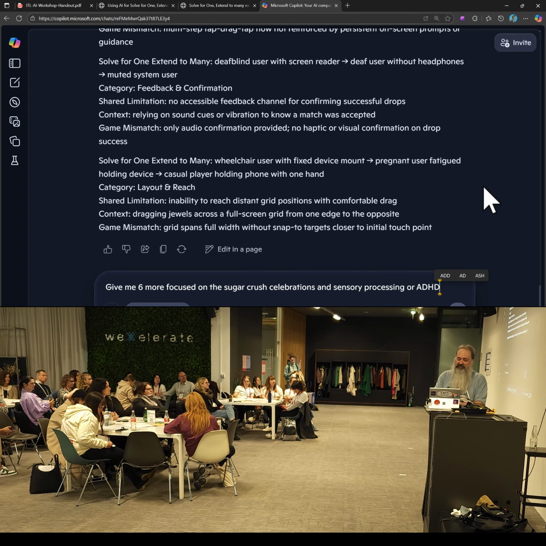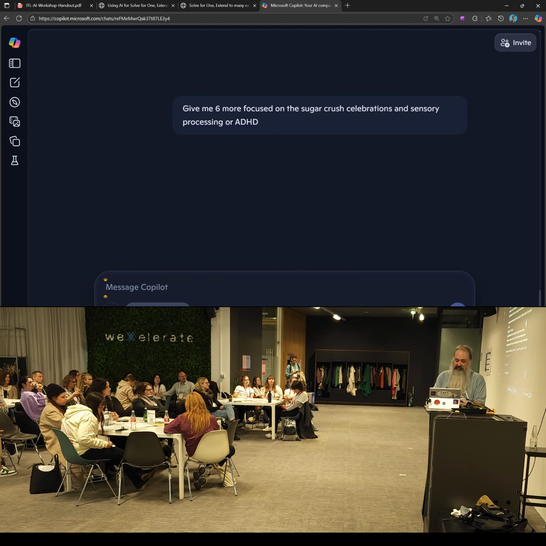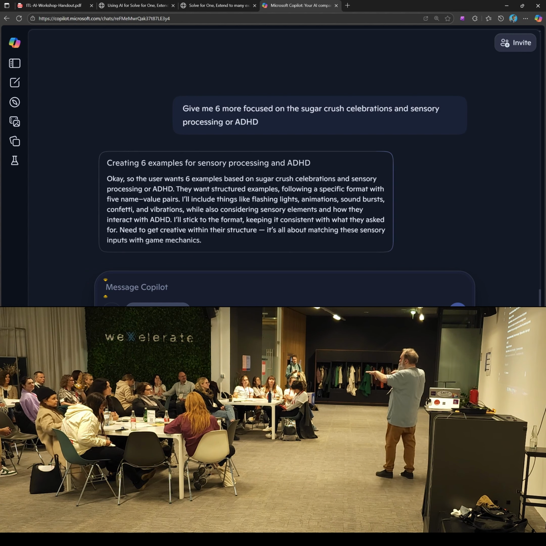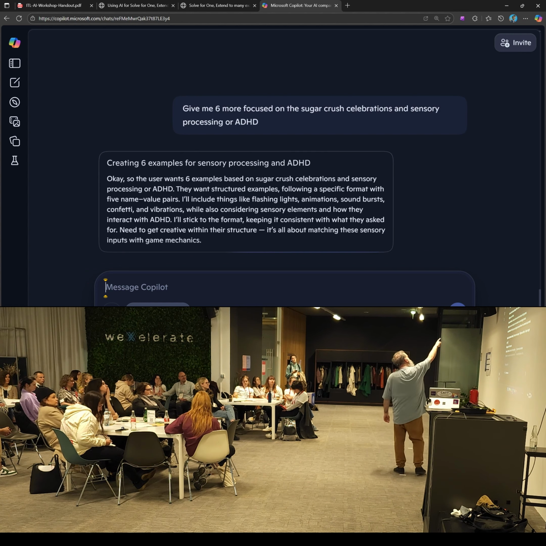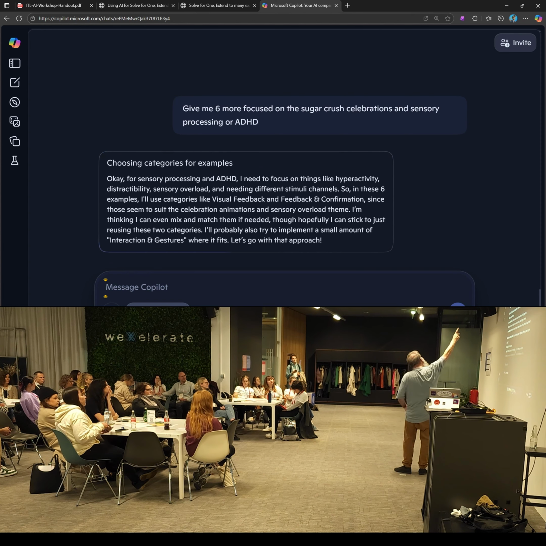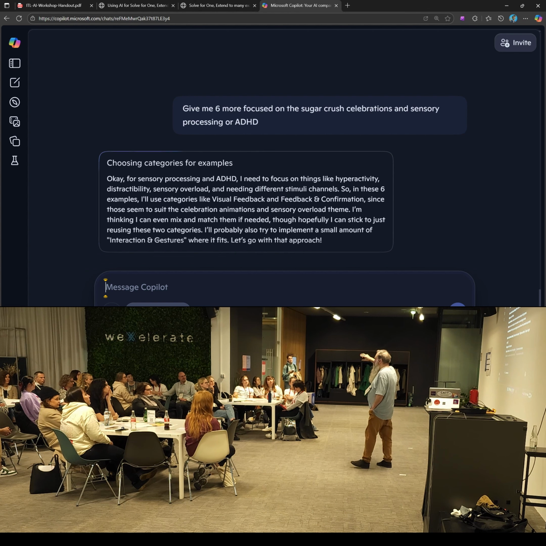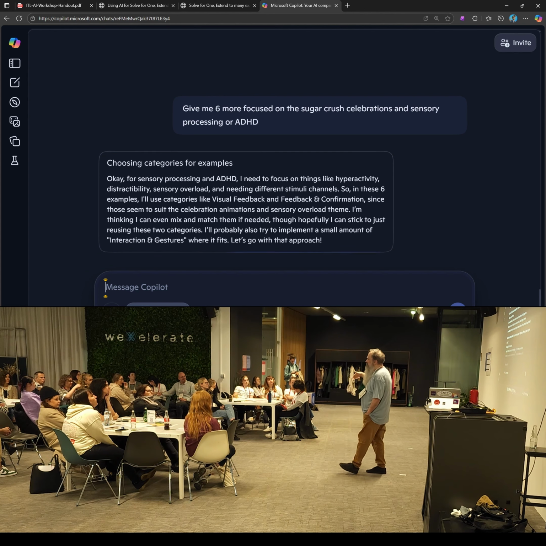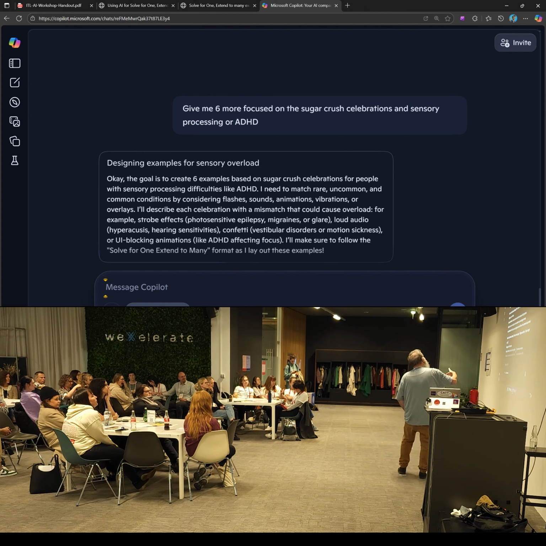So I only asked this prompt to give me 6, whereas the last one I gave like 30. So this is the spectrum that it came up with, right? Low vision, post-concussion, distracted commuter. Solve for one, extend to many. And again, these are just idea generators. You have to validate these with people, right?